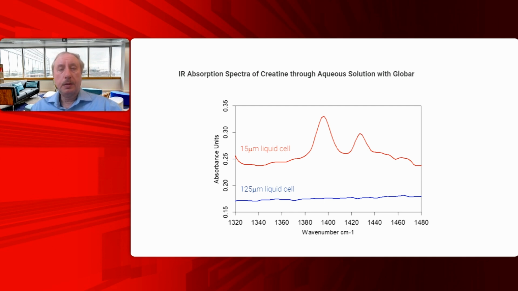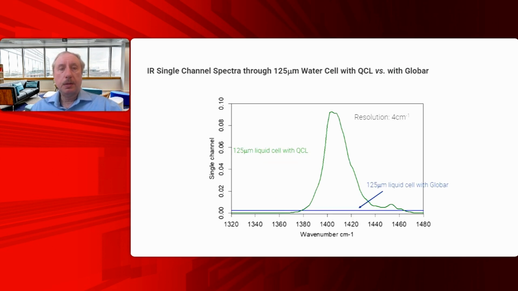Next, we do the same experiment with a quantum cascade laser. First, to show you how much energy goes through the cells, you can see a very nice signal going through the 125 micron cell with the QCL. While in the previous comparison, with the 125 micron cell, there was nothing passing through.